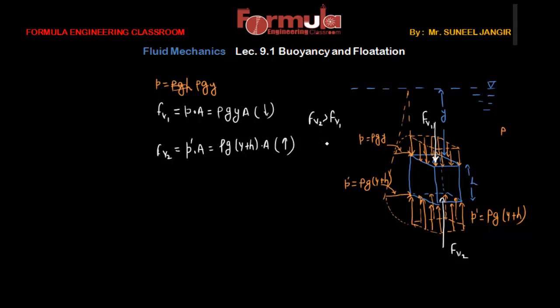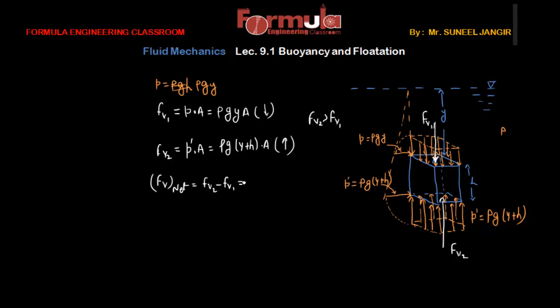Let's check what is the net vertical force acting here. This force will act in the upward direction because FV2 is greater than FV1. So FV net will be equal to FV2 minus FV1.